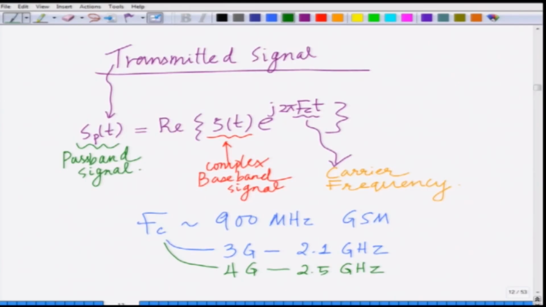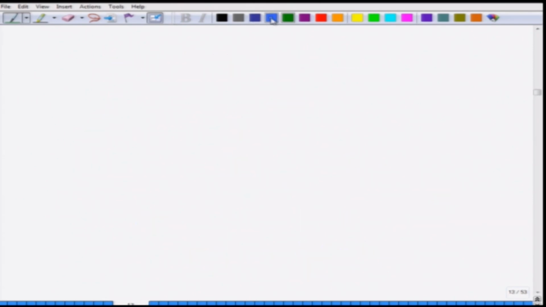And therefore when this passband signal Sp of t is transmitted across the multipath communication channel, we have different multipath components. We have looked at this previously, the 0th path corresponds to attenuation by A naught and delay by tau naught.